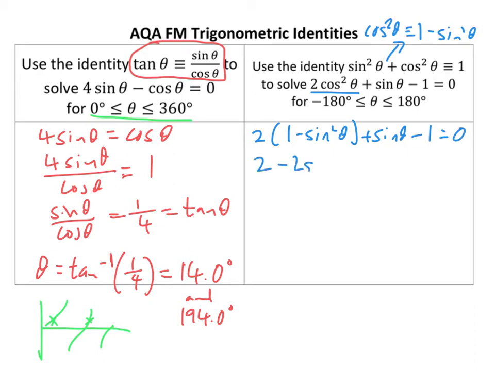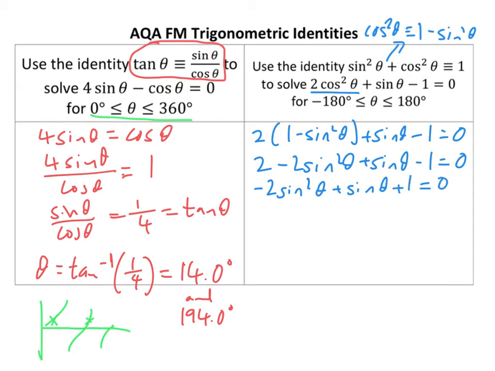Expand, plus sine, and then simplify. So I'm going to get minus 2 sine squared of theta plus sine theta plus 1 equals 0.